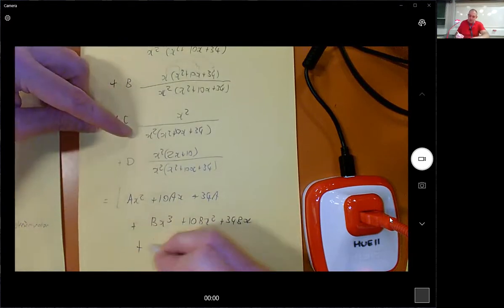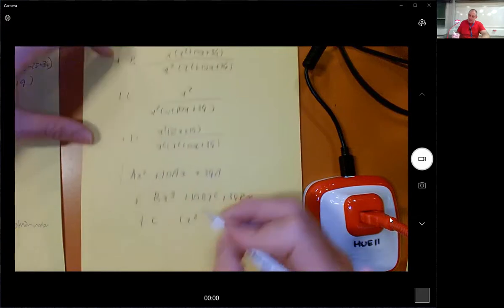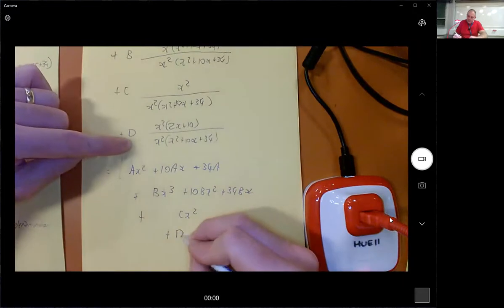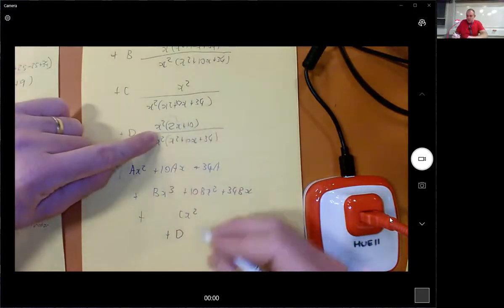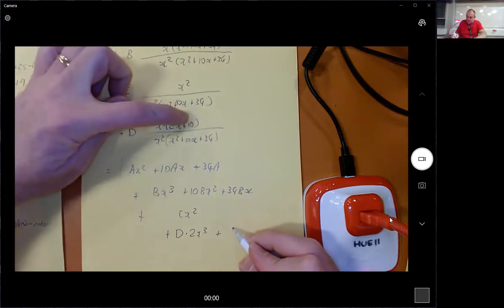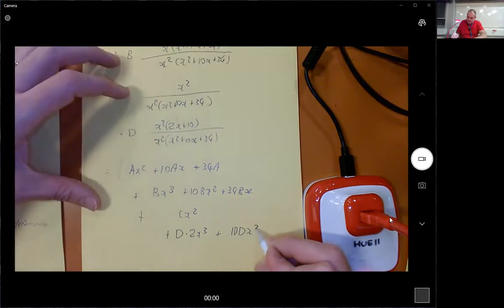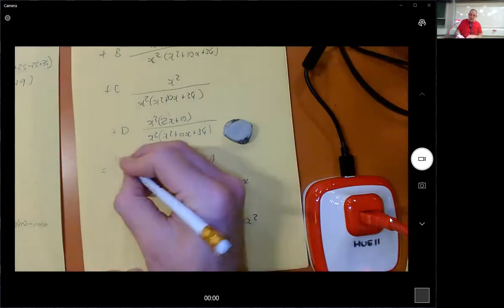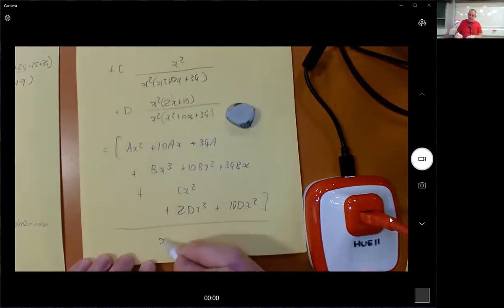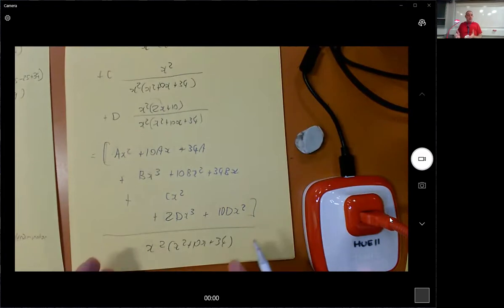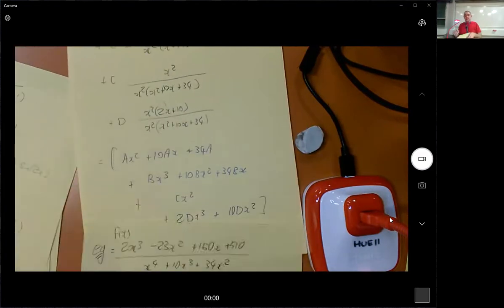And this one will give me cx squared, and this one will give me d times 2x cubed, and this one will give me d times 10x squared. And all of that over x squared plus 10x plus 34. And this is supposed to be equal to this.